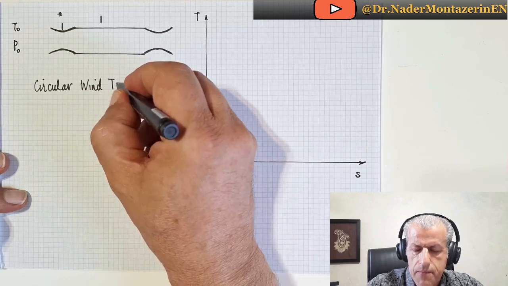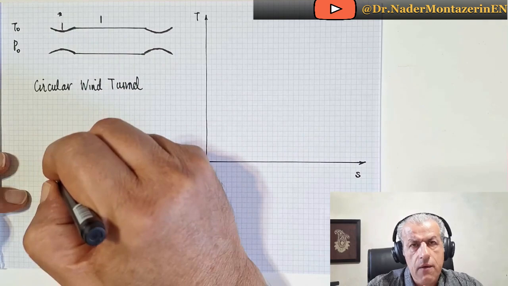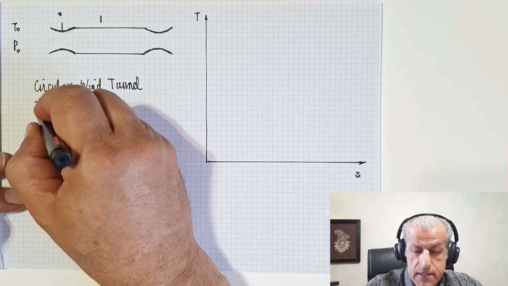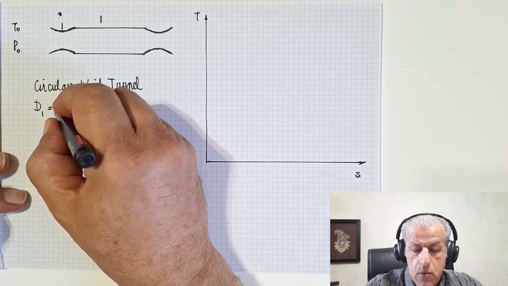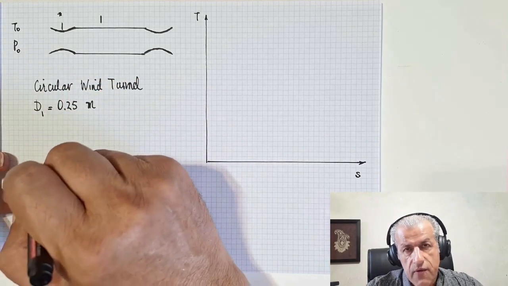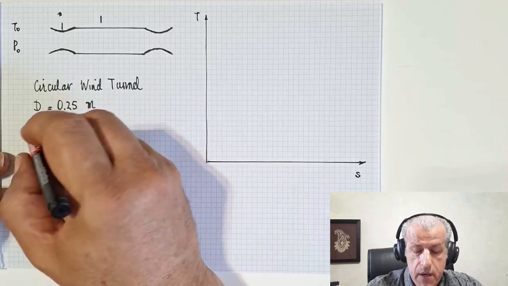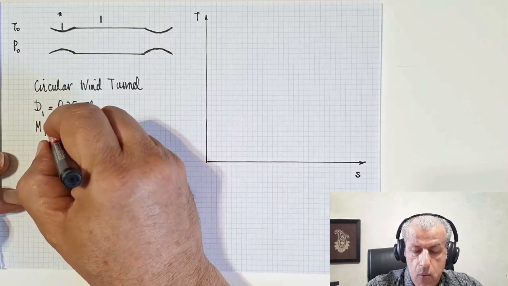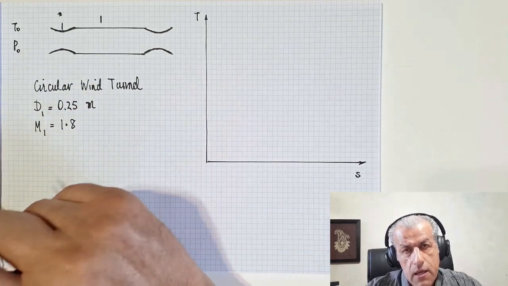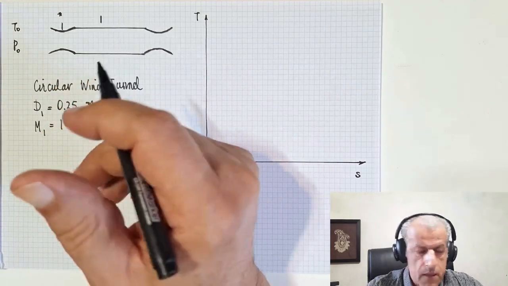The diameter at the test section, let's call it D1, equals 0.25 meters, that's 25 centimeters, and the Mach number there is M1 equals 1.8. These are the desired properties of the supersonic wind tunnel.